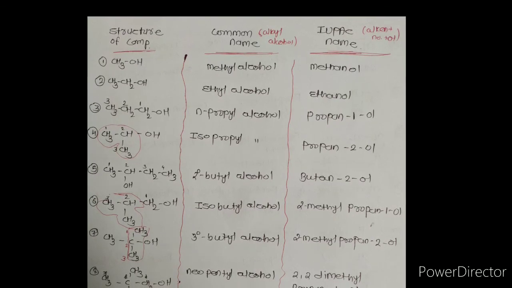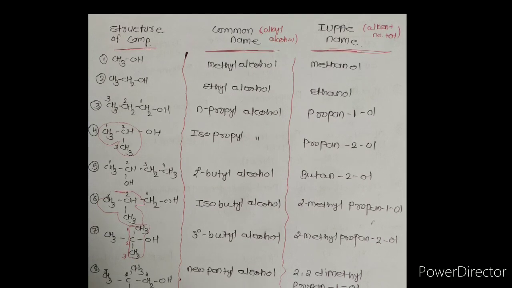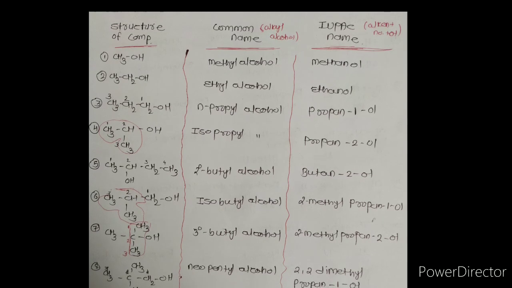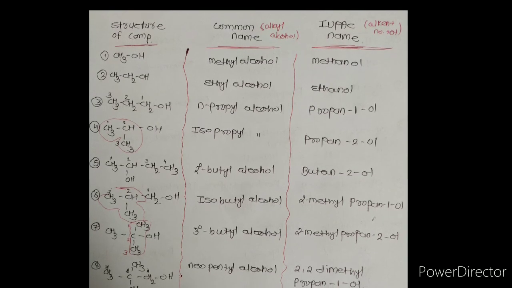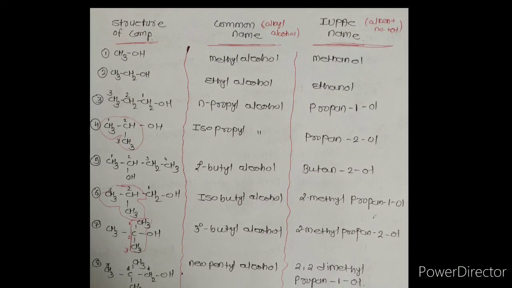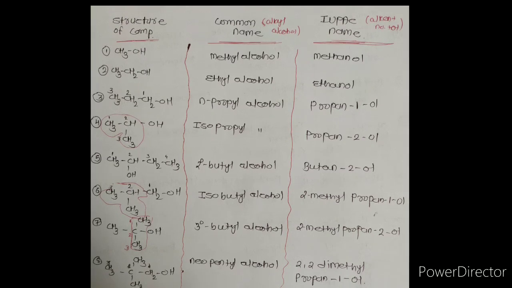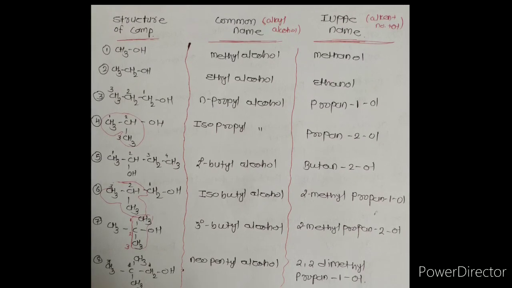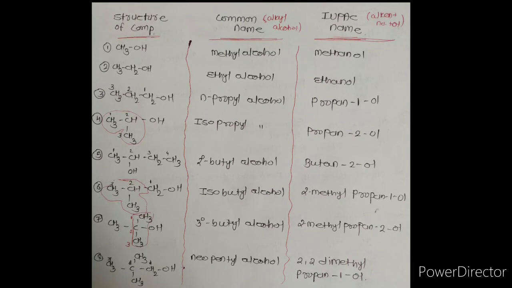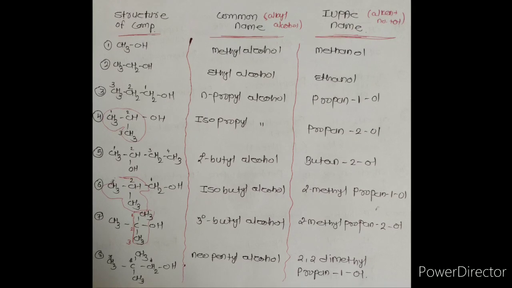Fifth compound, CH3CHOHCH2CH3. Here CH3 CH2 is there, not CH3 CH3, so we cannot use iso. Whenever iso is not used, we use degree, for example primary, secondary or tertiary. Here the OH-containing carbon is directly linked with two other carbon atoms, that's why we use secondary.